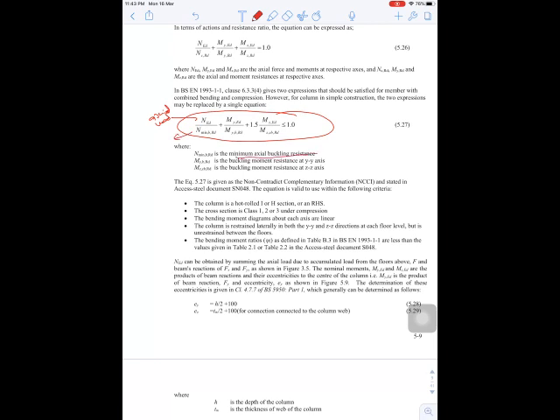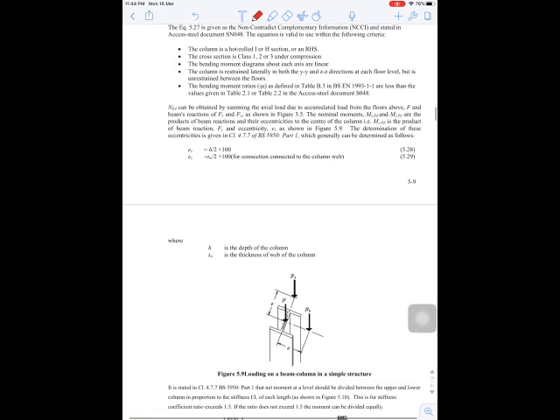My,Rd is the buckling moment resistance about the y-axis, and Mz,Rd is about the z-axis. As is mentioned in this paragraph here.